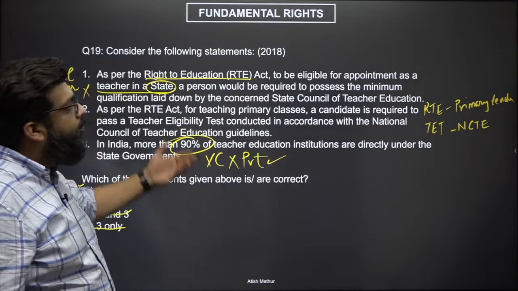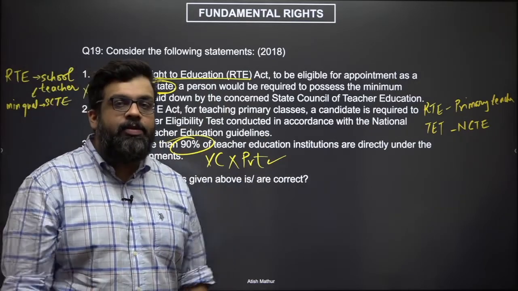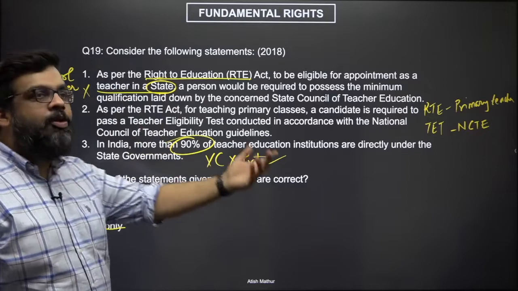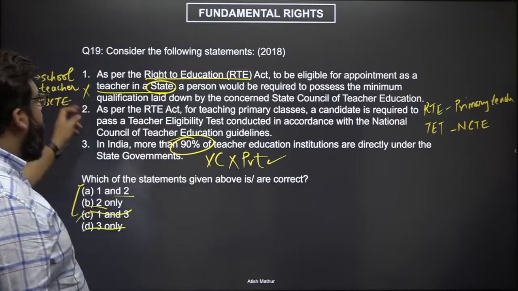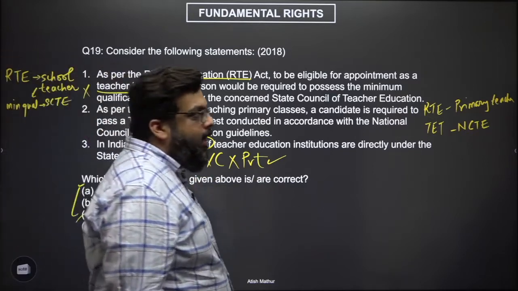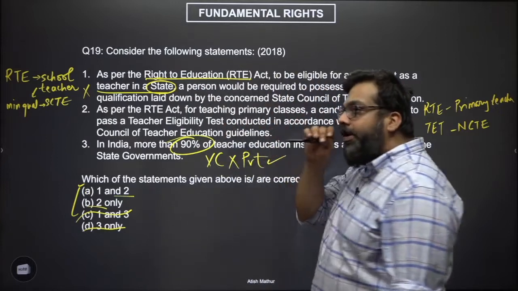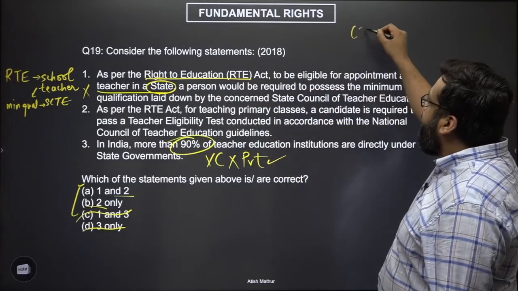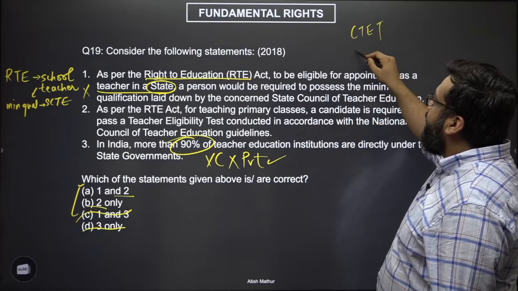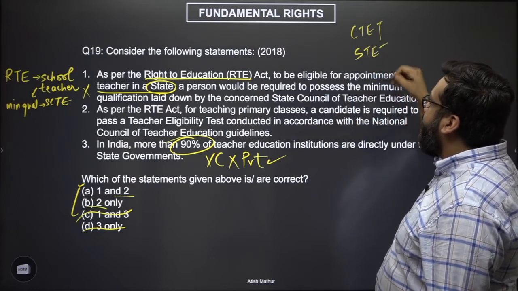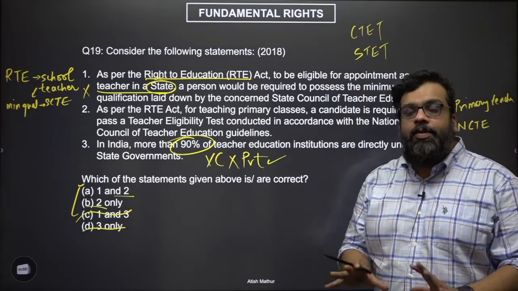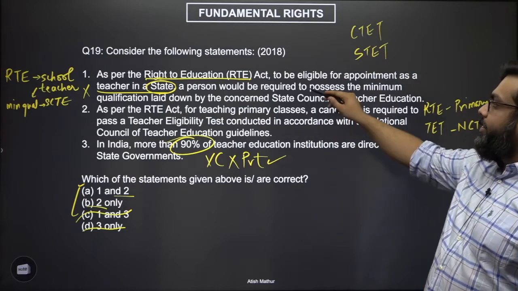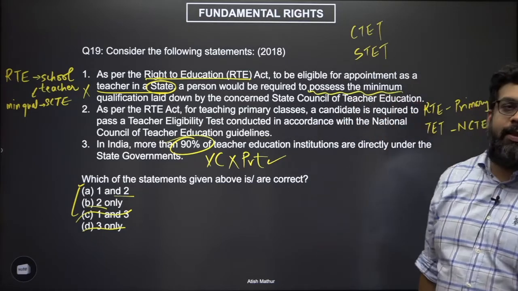Since when do government school recruitments or government job recruitments only work on minimum qualifications? I'm sure at least some of you would have heard of central teachers eligibility test, state teachers eligibility test. That means there is some form of a written test. Here it says you just need to have minimum qualification.